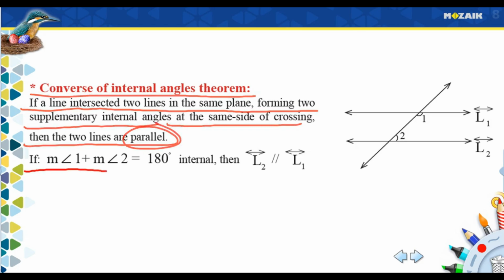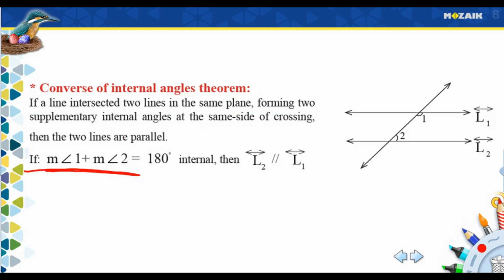That means if measure angle 1 plus measure angle 2 equals 180 degrees, interior angles on the same side of the crossing, then line 1 is parallel to line 2.